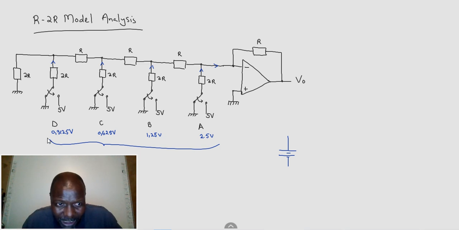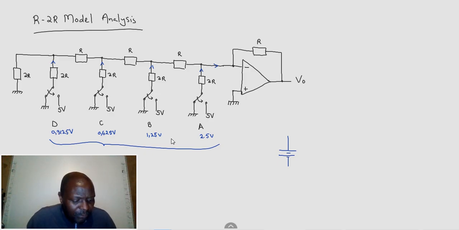But assuming that this is our voltage, if we sum this up, I'm not going to waste time with this, I'm using a calculator here: 2.5 plus 1.25 plus, not a difficult sum, but I don't want to waste time on little errors, 0.625 plus 0.3125.